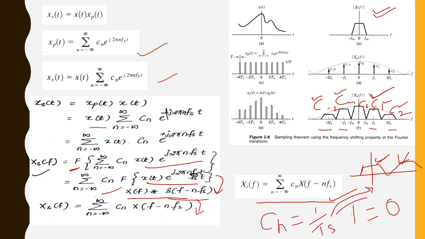It approaches 1 over T_s for all values of n, that is for n equal to 0, 1, 2, 3 and so on, which means I can generate such pulse-transmitted or digitally transmitted signals due to the functioning of the sampling theorem, which is going to hold good even for natural sampling as well as for ideal sampling.